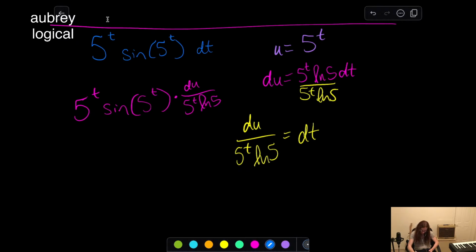And this is going to allow us to cancel those, because this is 5 to the t in the numerator and this is 5 to the t in the denominator. So those will cancel, leaving us with the antiderivative of sine of 5 to the t times du over ln of 5.